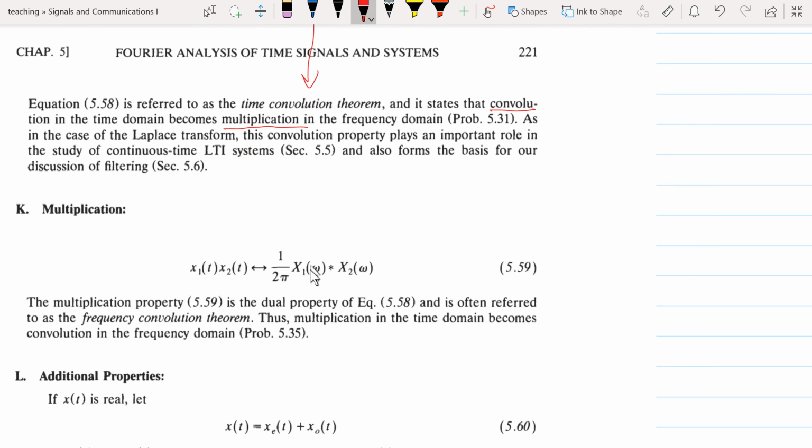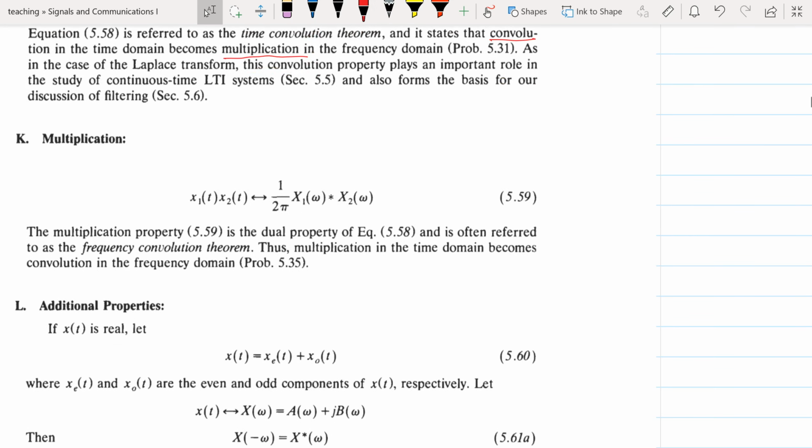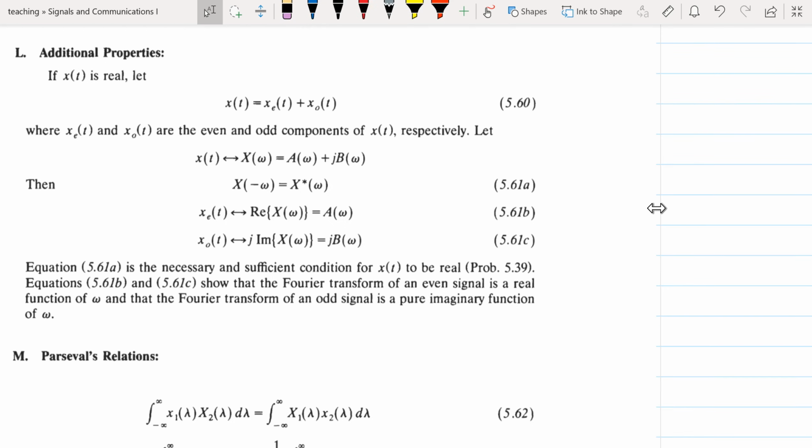Of course, we observe one particular difference: in the equation that I have just introduced, we always introduce 2 pi at that point, or you can divide both sides by 2 pi, and the frequency convolution theorem stands as defined in equation 559.